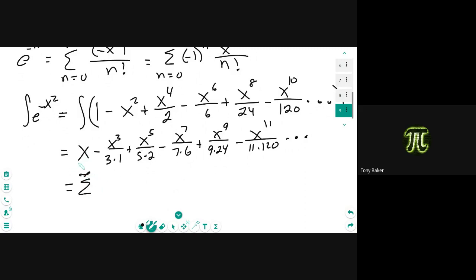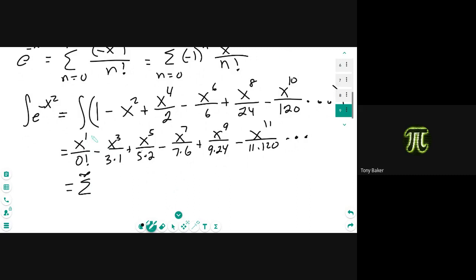So what is the pattern for this? The first term is just x. And if I write this so I have something underneath it, it's x to the first over 0 factorial, because 0 factorial is 1.